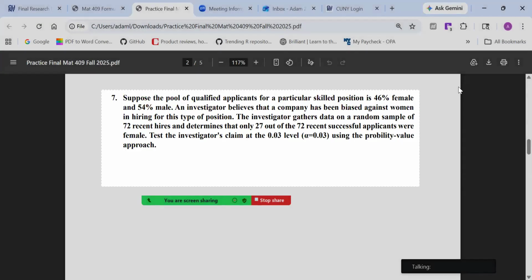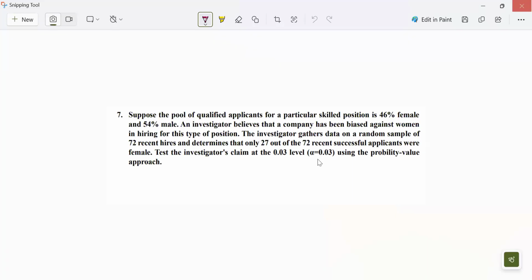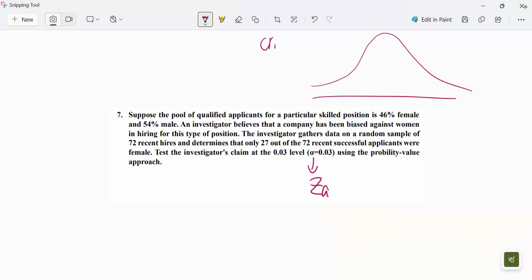So again, if you do the critical value method, the critical z-score, z alpha, is based on this 0.03. This is the critical value. The critical z-score will come from the left tail, so minus z alpha, and the area on the left tail is 0.03.